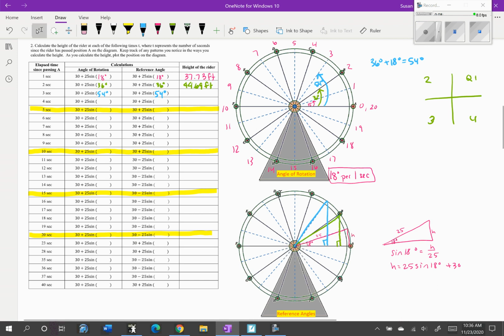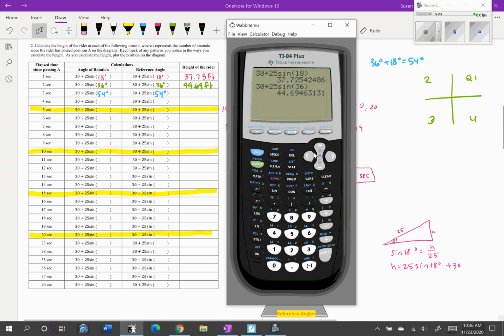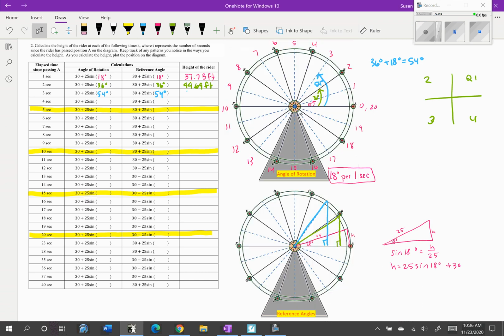And so if we plug that into our calculator, same thing, we're just going to change the 36 to 54, and we get 50.23 feet above the ground.